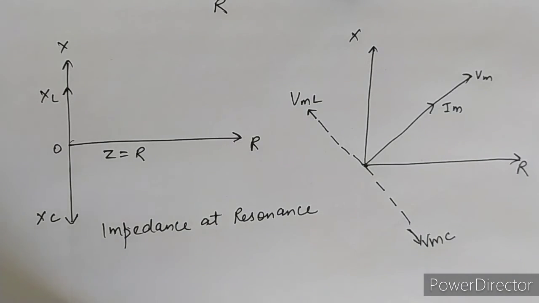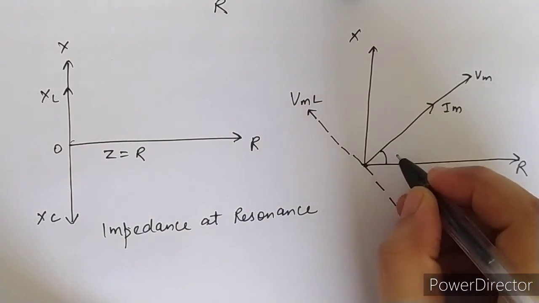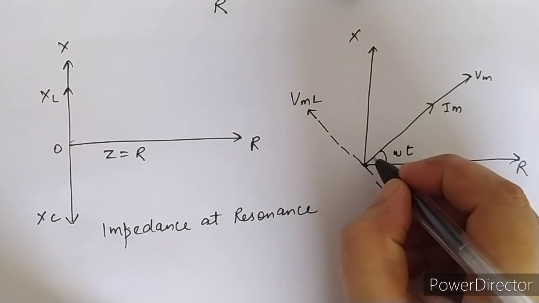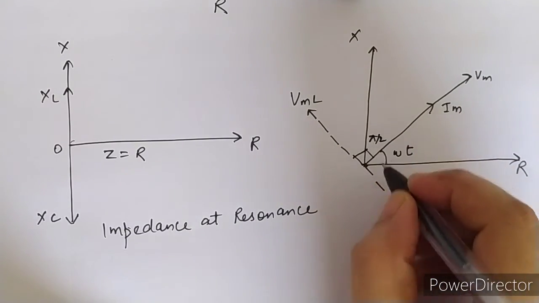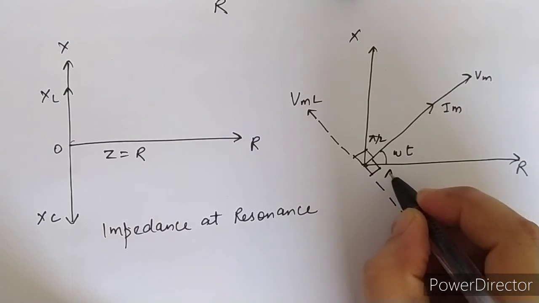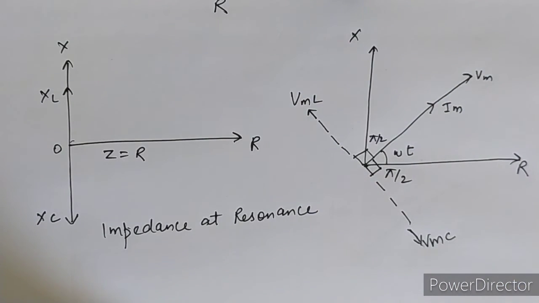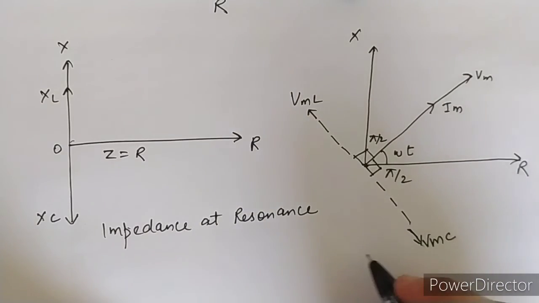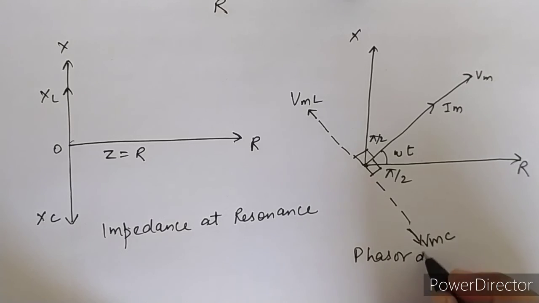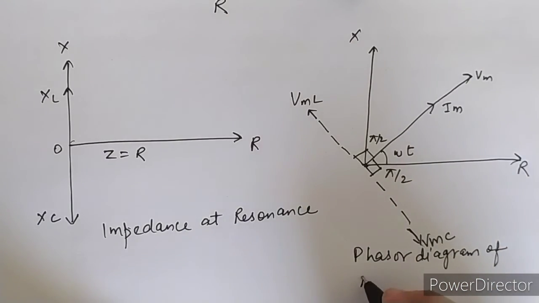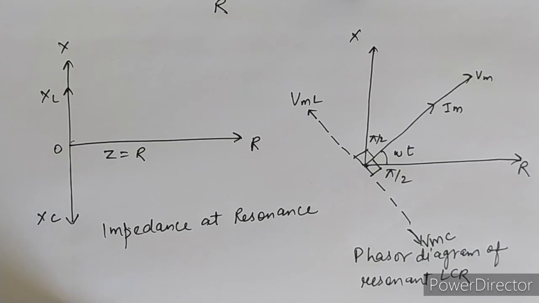Okay, clear? Now it makes an angle of pi by 2, and it also makes an angle of pi by 2. Clear? Okay, so this will be your phasor diagram of resonant LCR. Clear?